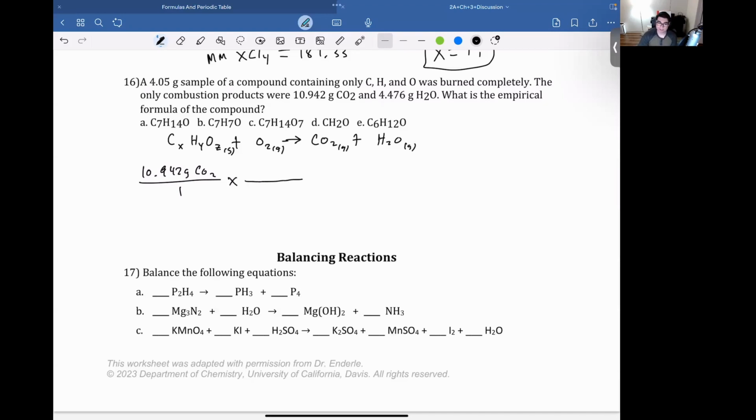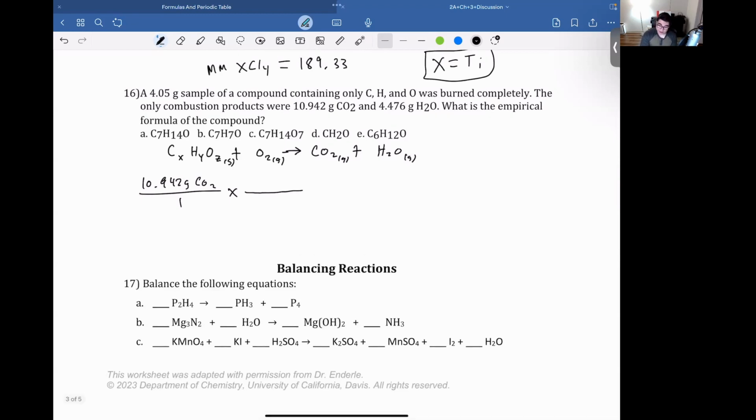I think there's an easier way to do it. But the way you can do it is like this. You're using percent composition to figure out how much carbon you have. So if it was, just throwing a number out here, 70% carbon, you would do 10.942 times 0.7, right? If it was 50%, you do 0.50 times this, right?